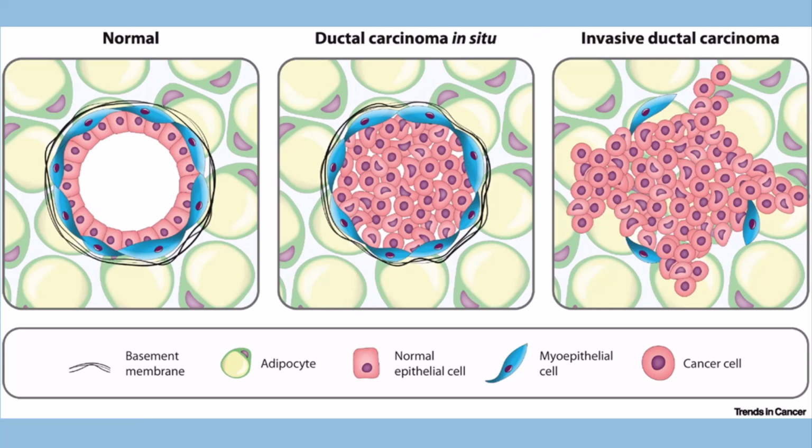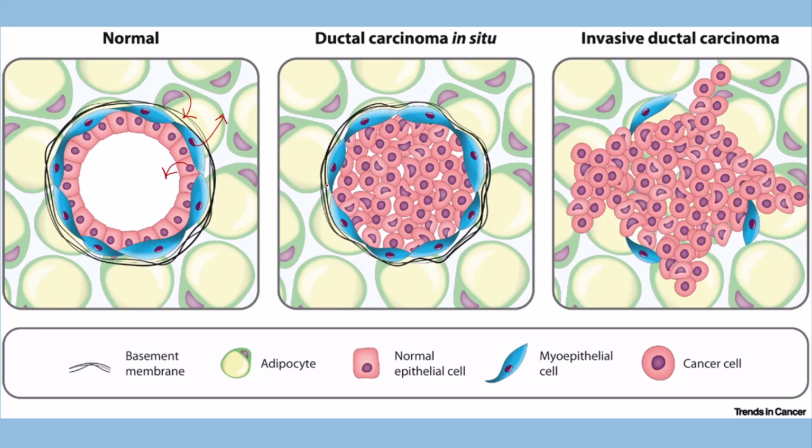So here in this picture, you can see the difference between a normal breast duct, ductal carcinoma in situ, and also invasive ductal carcinoma. So here on the left side, we have basement membrane, we have myoepithelium, and we also have epithelial tissue lining the duct of the breast.